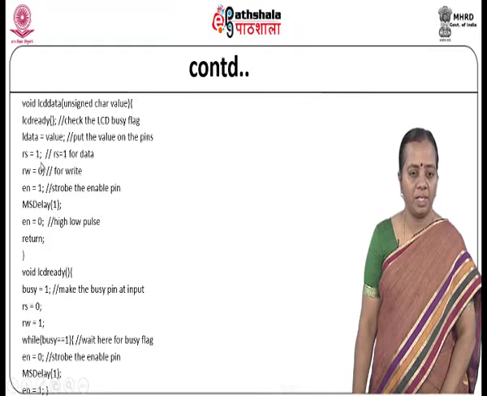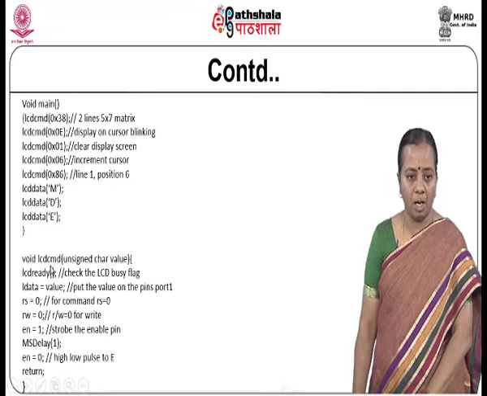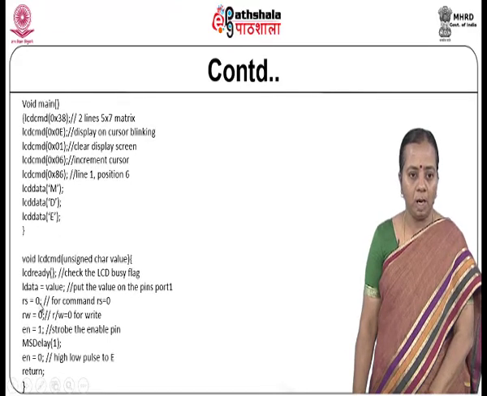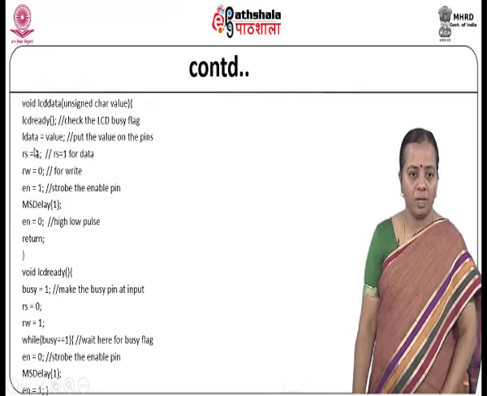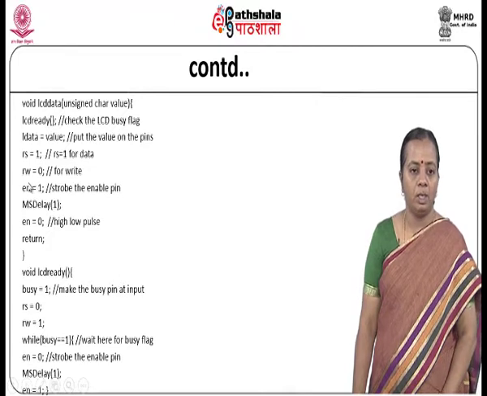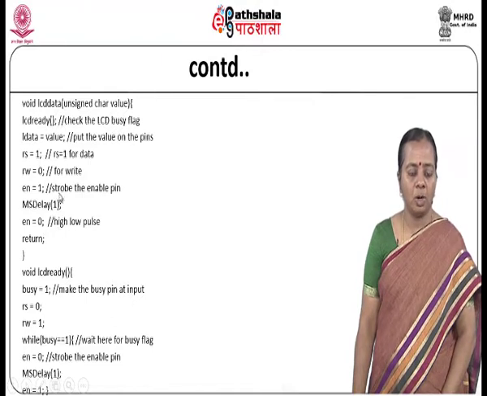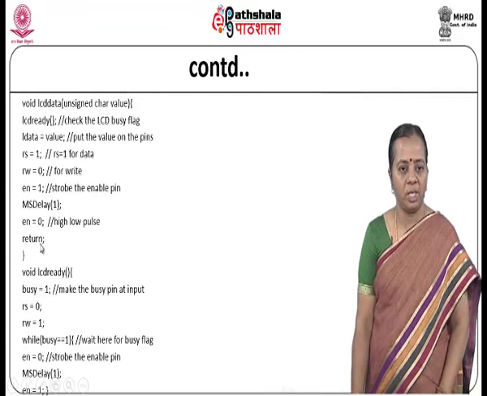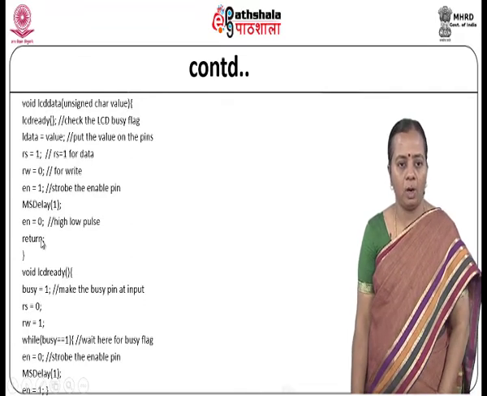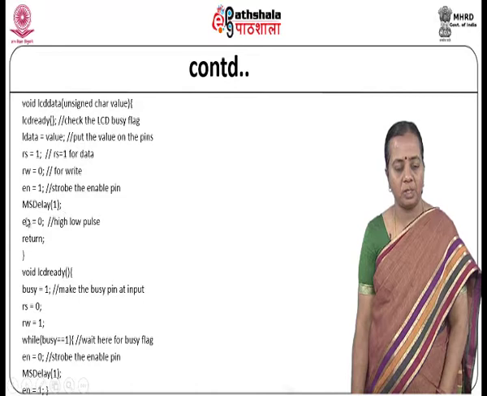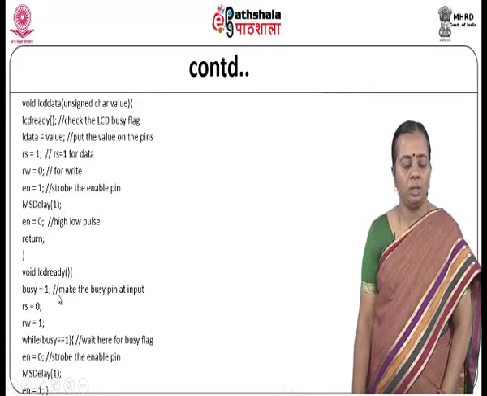Previously it was a command, so we made RS equal to 0; now it is data, so RS is 1. RW is 0 for write, enable is 1 first, then a delay, then 0. So a high to low pulse enables it and we return. These are the two subroutines we called to send the data as well as the commands.